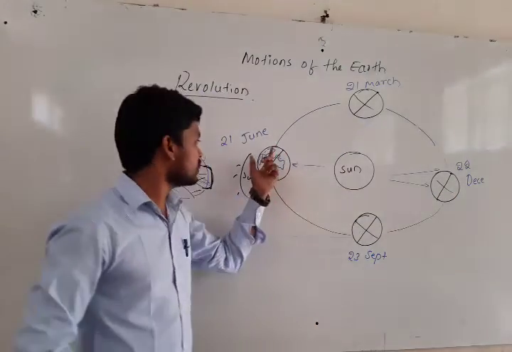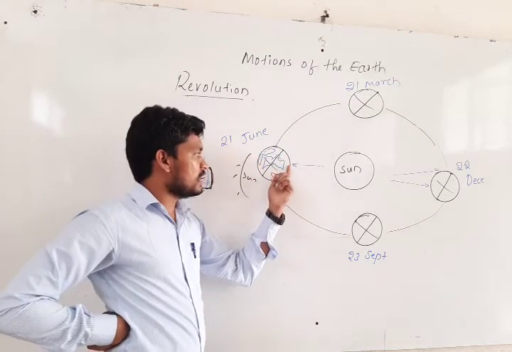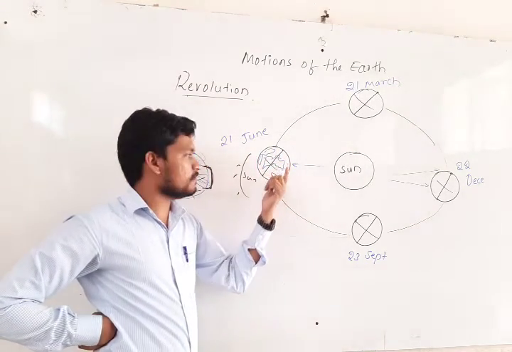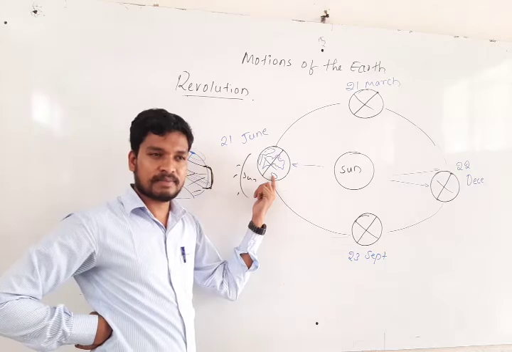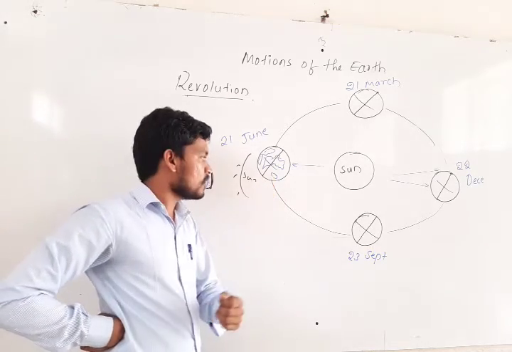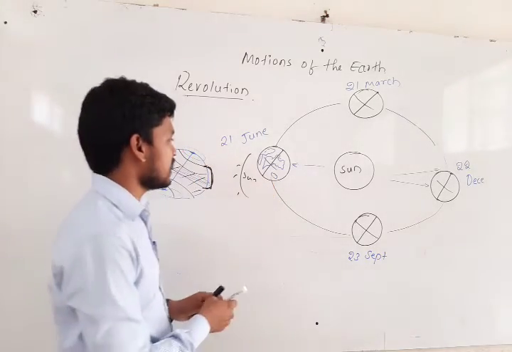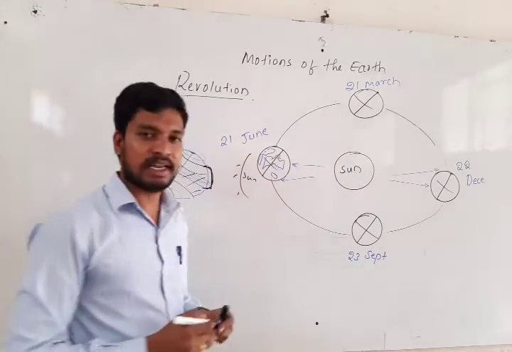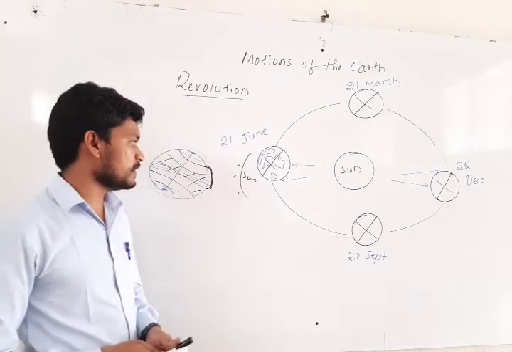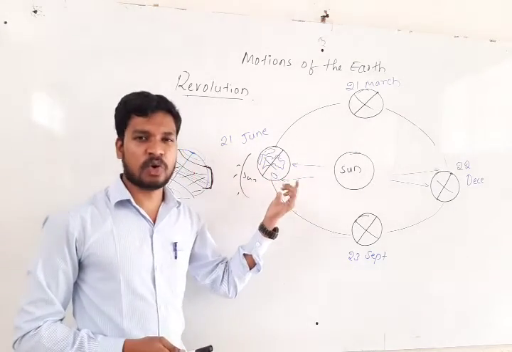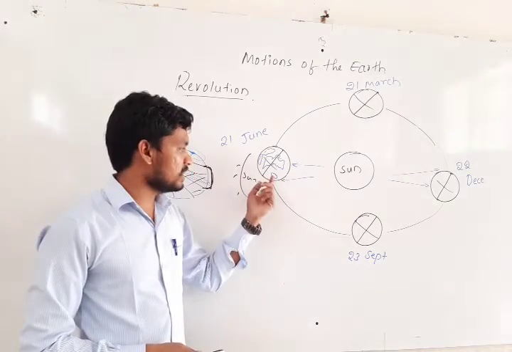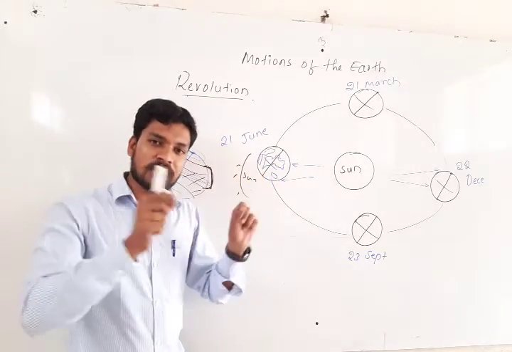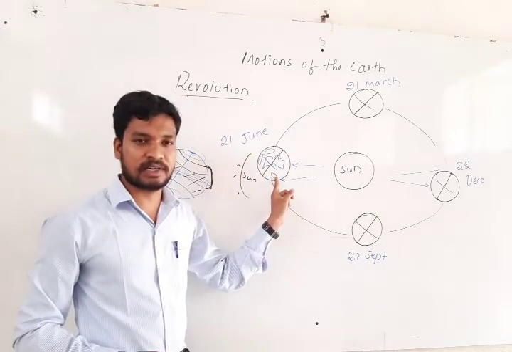But now, on 21st June, it's summer for Indians, and for Australians it's winter. Why? Because the sunlight will not fall directly on the land of Australia, so they feel the cold. Here the night will be longer than the day for the Australians.